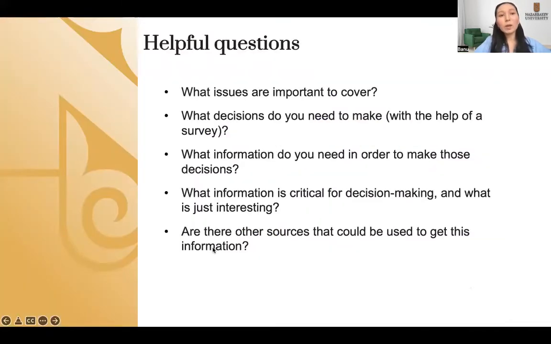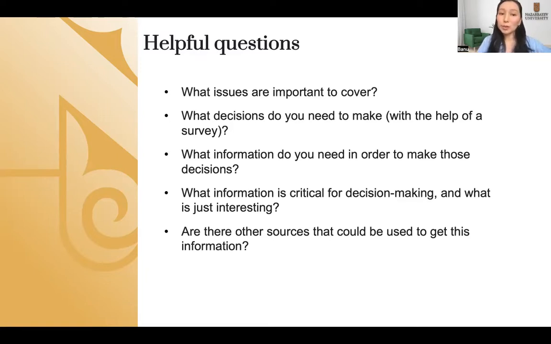So when you are starting to develop a survey instrument, these questions can be helpful to determine what to actually ask your survey population. What are the issues that are important to cover? What decisions do you need to make with the help of a survey? What is the decision you're trying to make, gathering information and using the survey as an instrument to gather this information?